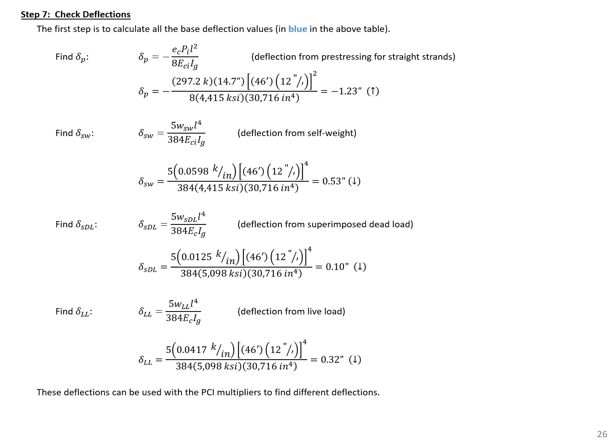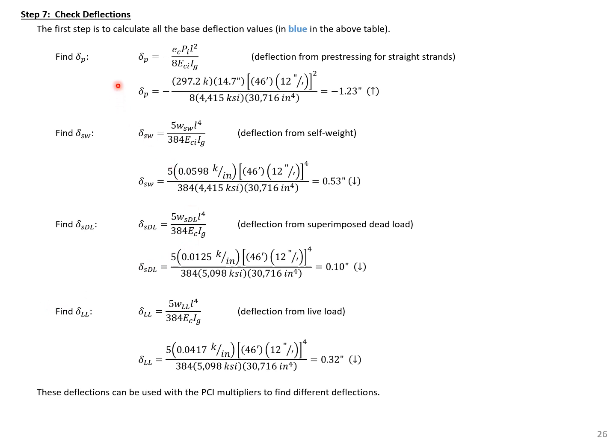If we assume linear elastic material properties, we can calculate our 4 different base deflections as shown on this slide. When calculating our base deflection due to pre-stressing and self-weight, we'll use our modulus at release. When calculating base deflections due to superimposed dead loads and live loads, we'll use the modulus at ultimate.